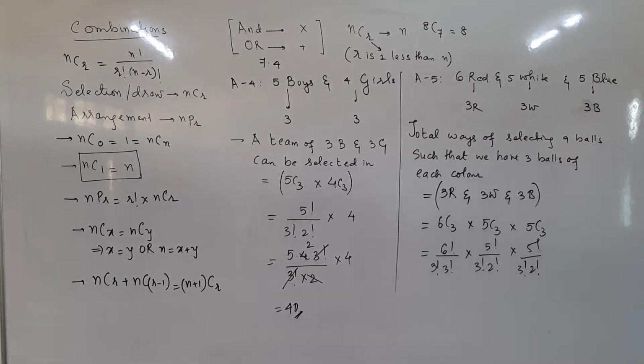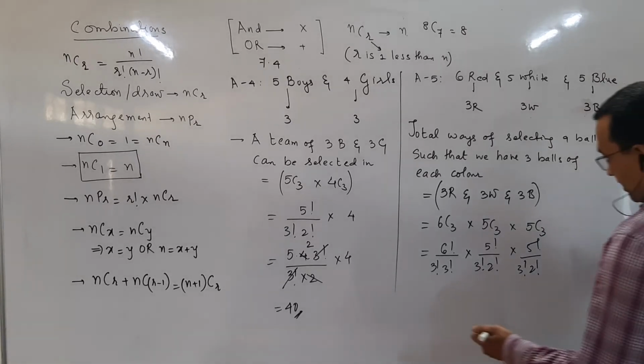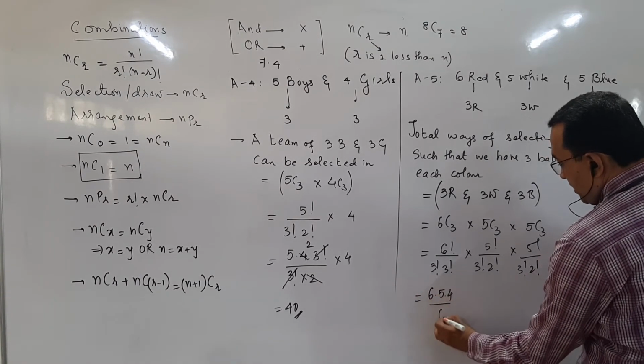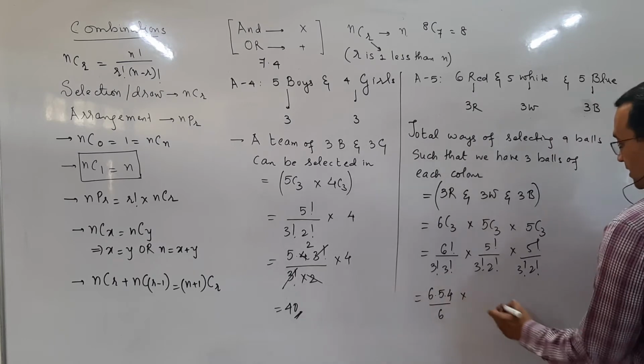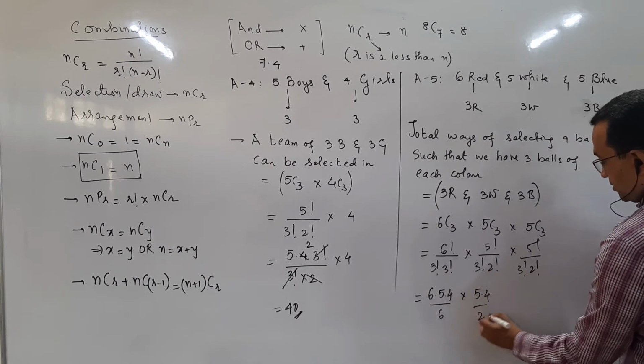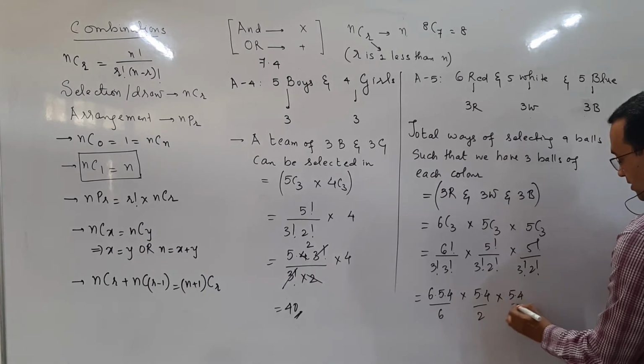At this level, I wouldn't be happy to simplify the formula in detail. Now reduce 6 factorial up to 3 factorial and 3 factorial gets cancelled. So 6 times 5 times 4 over 3 factorial is 20. Reduce 5 factorial up to 3 factorial gets cancelled. This is 10.